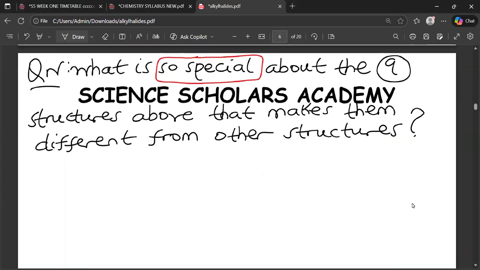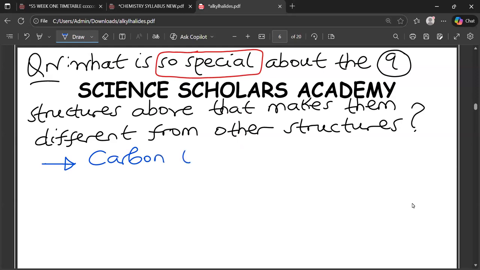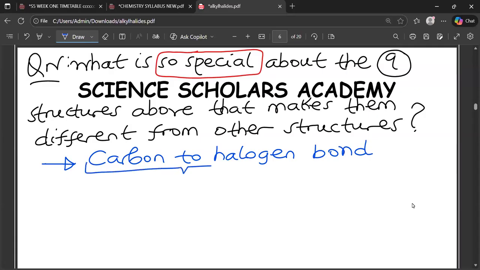What is so special about those structures that maybe other structures don't have is the carbon to halogen bond. And this carbon to halogen bond is what they call the functional group.